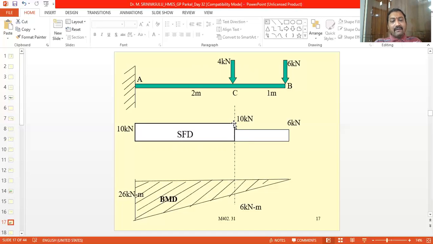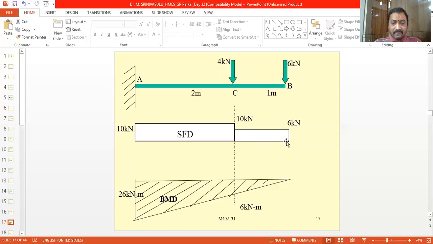Now when we see the part between C and A, there is no other extra force. Only these two forces are there. There is no new force. So the shear force will remain constant between the points C and A, and that is also equal to 10 kN, and exactly at point A the shear force is also equal to 10 kN. So now we'll see the diagram.